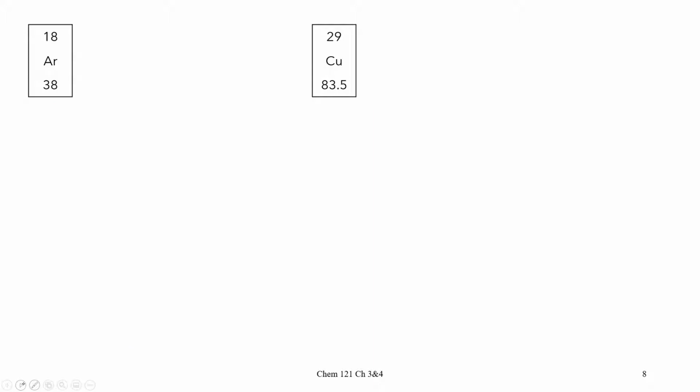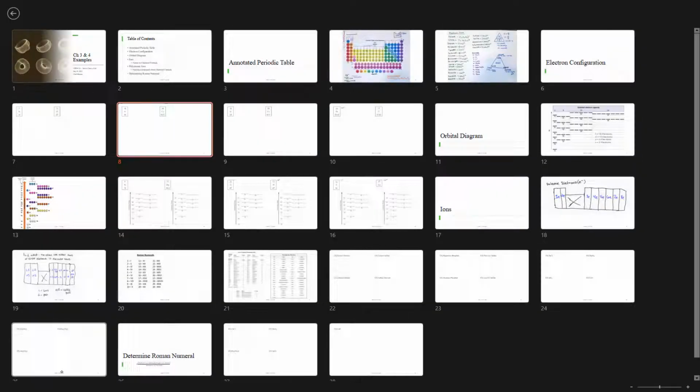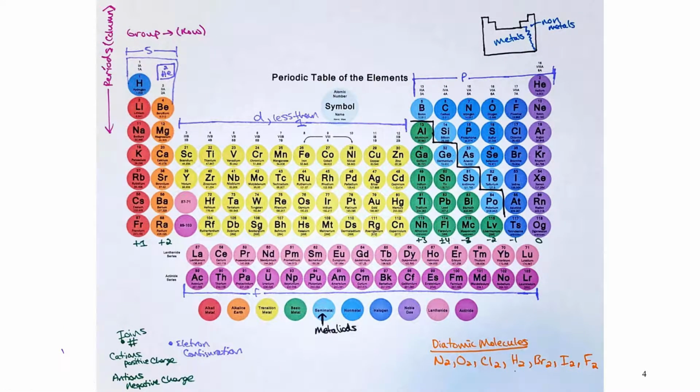Now we have argon, and we want to get the electron configuration for argon. We know that if they're neutral, we're going to have 18 protons and electrons. For argon, if we look at our periodic table, we go 1s2, 2s2, 2p6, 3s2, 3p6.